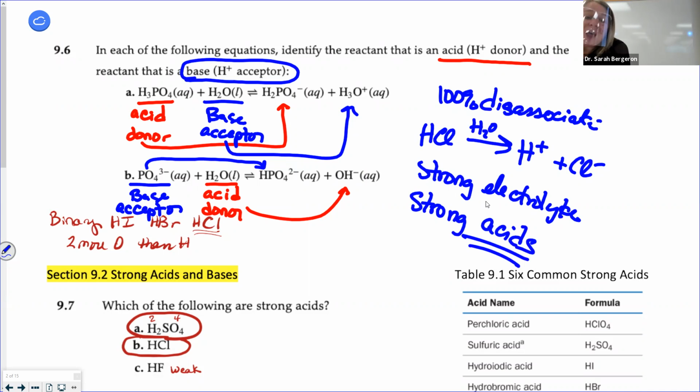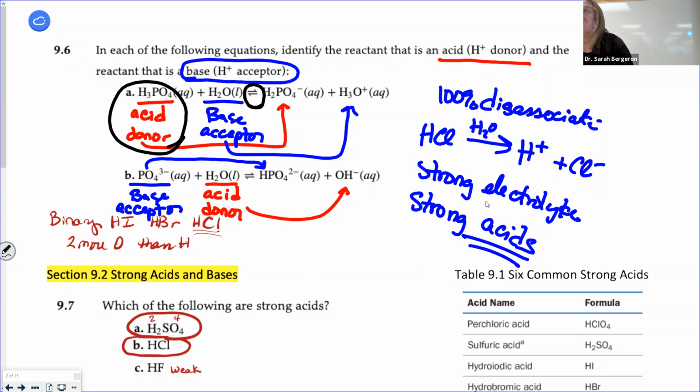You could have weak acids. For example, over here, H3PO4, is it disassociating 100% in solution? How do you know that? You're shaking your heads no. That is the correct answer. How do you know that?